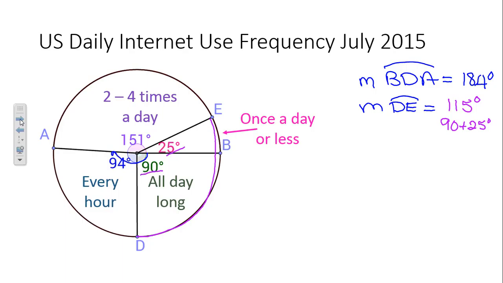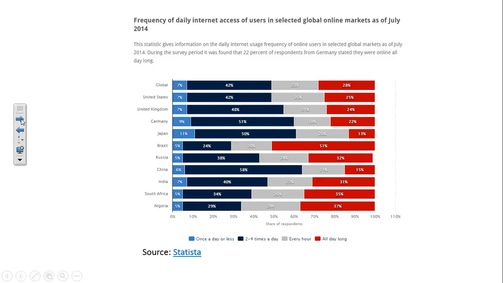All right, so just mainly adding, exactly. I have 2 more things to talk about. So first of all, if you're curious, this was the US. This is the data that I took from Statistica to get that graph. And you can see that we had about 25% that are on all day long. Which country has 51% on all day long?